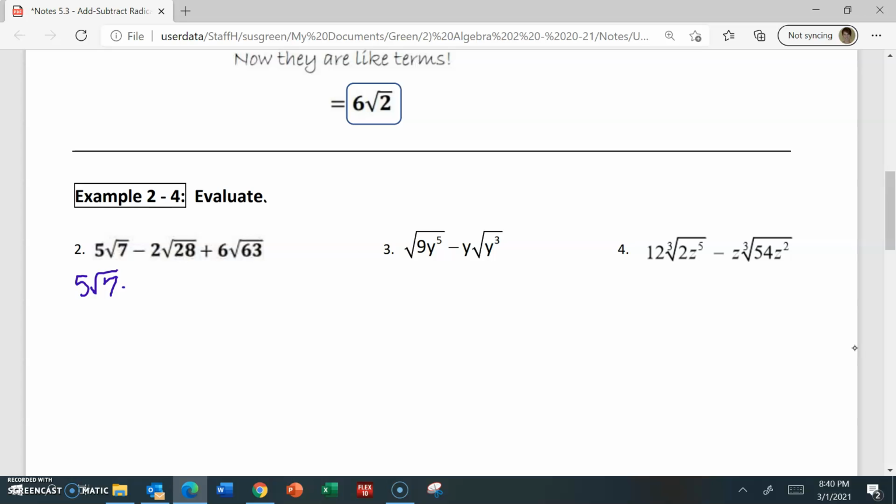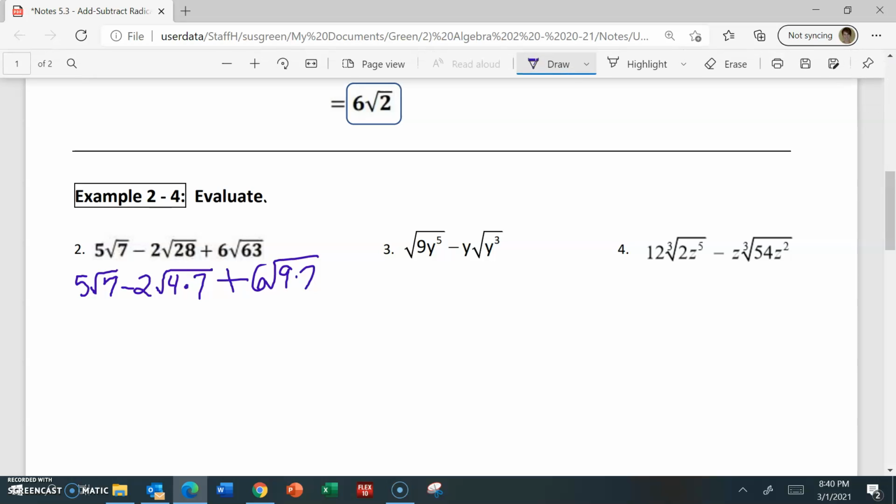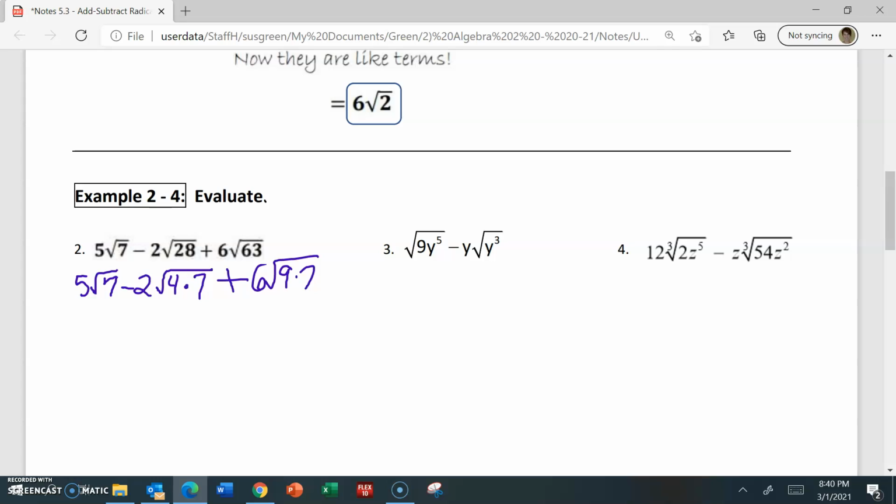And then I need to figure out, is there a perfect square that goes into 28? And there is. The biggest number that is also a perfect square is 4, and that goes in 7 times. So I'll come back and finish that in a minute. And then, is there a perfect square that goes into 63? Absolutely, that's 9, and 9 times 7. So once again, we're not changing the value of anything under there. We're literally just getting ready to break it up.